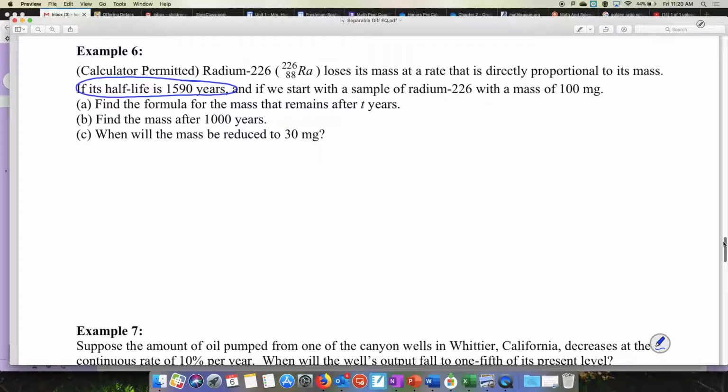And even if we didn't know this right here, we would know, well, first of all, y equals c e to the kt, right? We know that 1/2 equals e to the k times 1590.